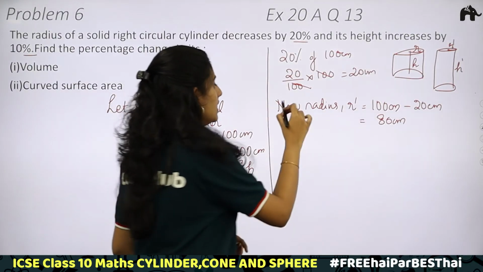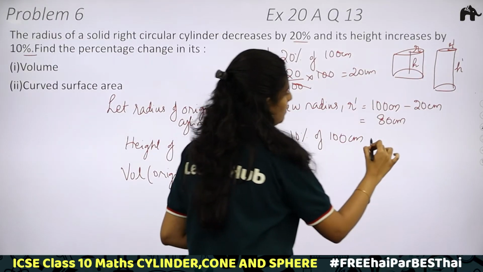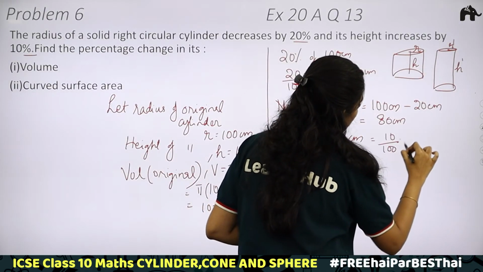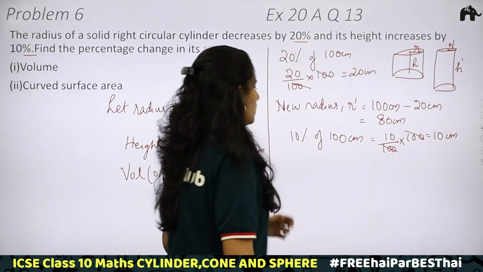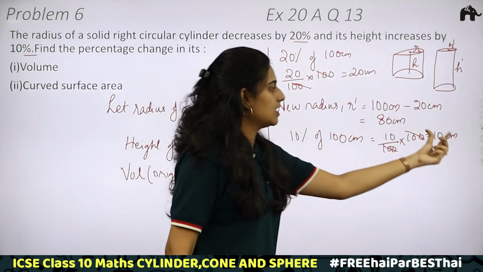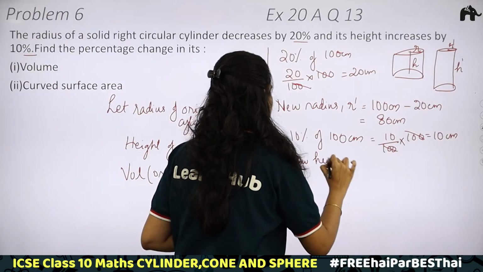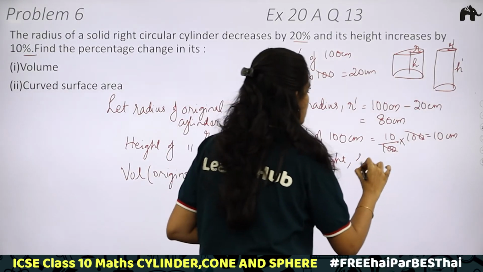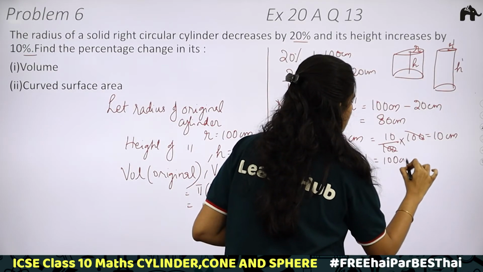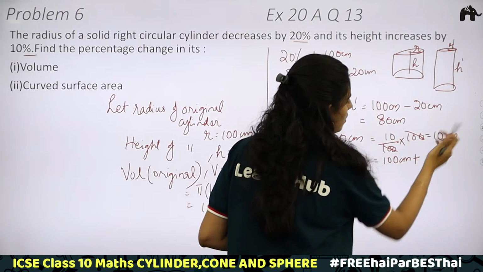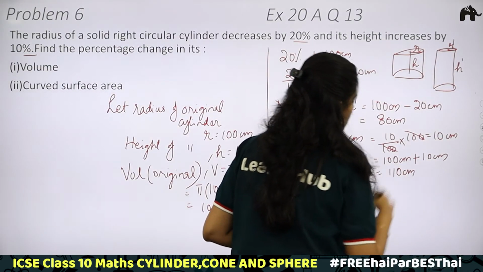Next, we need to find the 10% of 100 centimeter will be equal to 10 by 100 into 100, cancelling we get 10 centimeter. Therefore, the new height h dash is equal to original height, which is 100 centimeter plus amount of increase 10 centimeter, 110 centimeters.